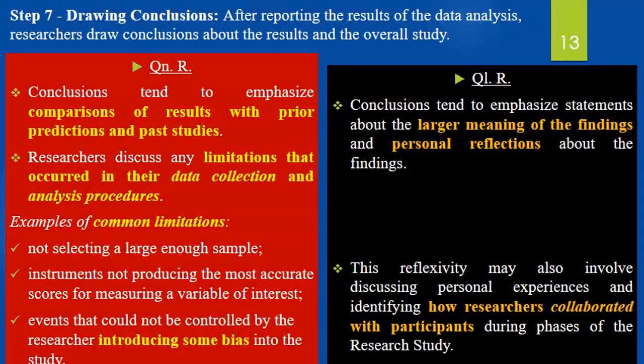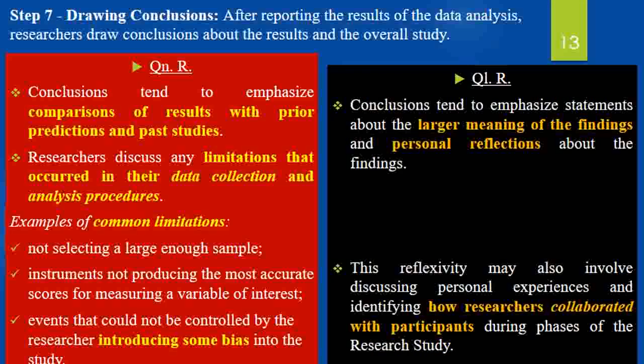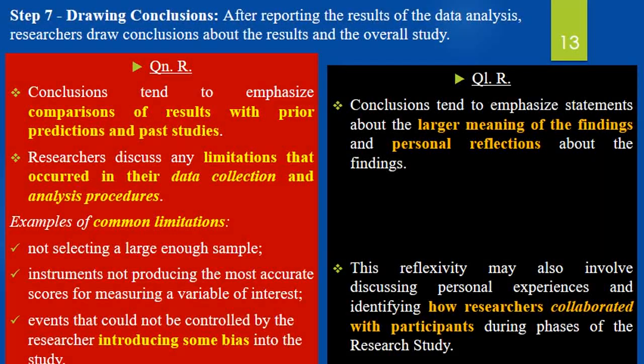This is an example of qualitative researchers discussing their own role or position in a research study, which is normally known as the researcher being reflexive. We already mentioned in our previous class that the reflexive nature of the researchers is an important criterion for qualitative research.